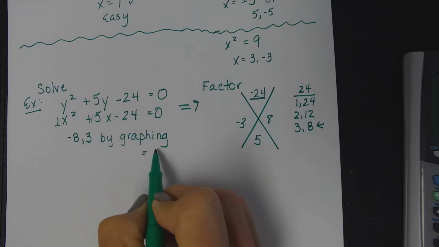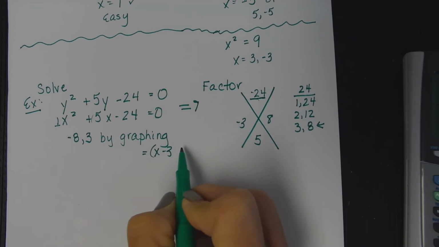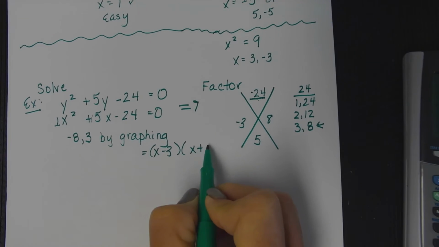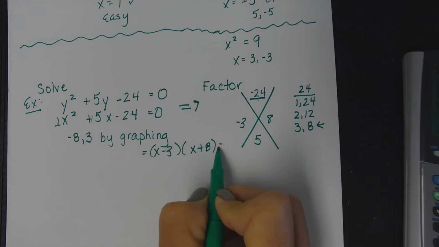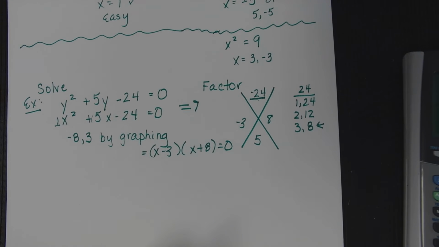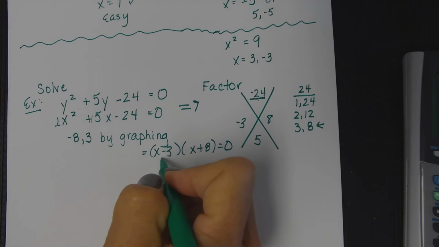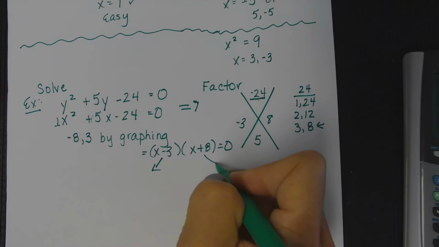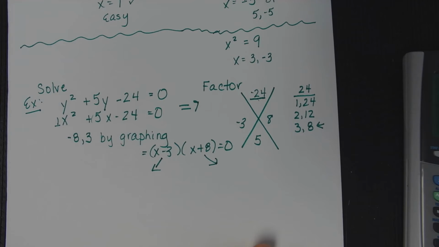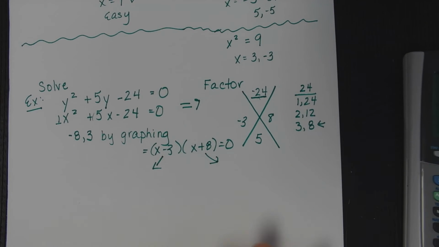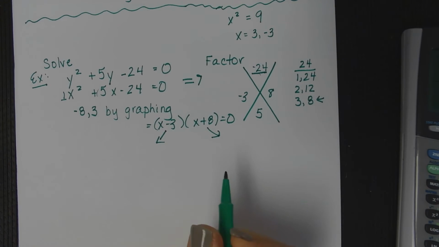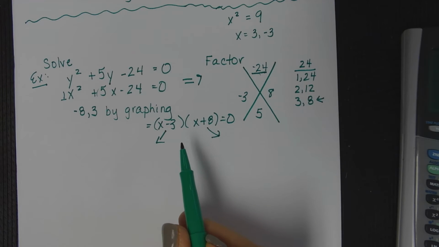You put them into X minus 3 times X plus 8 equals 0. This should look familiar. Now, this is a new step. Please make sure you see what I'm getting ready to do. This is easy.